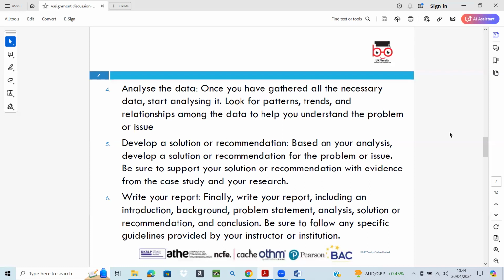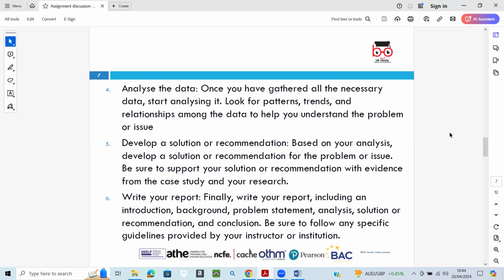Then we would look for any trends or patterns that could explain the issue. And organizing our data will help us in systematically understanding and addressing the problem. And it's crucial to link our analysis back to the specific issue we have identified earlier.